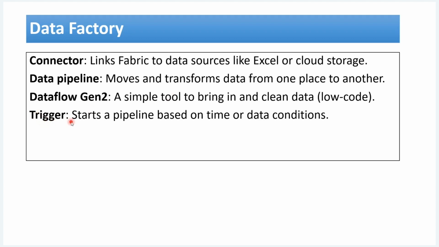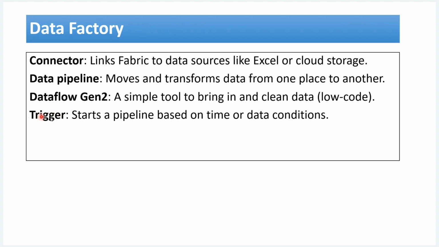Now triggers. A trigger is nothing but, if you want to schedule your data pipeline or Dataflow Gen2 based on some conditions or based on some time, we can use triggers to schedule the pipelines. This trigger word is there in ADF, but in Fabric we call it just a schedule, and triggers are considered your storage event triggers.